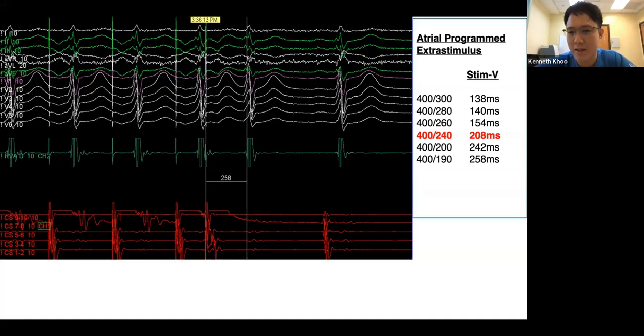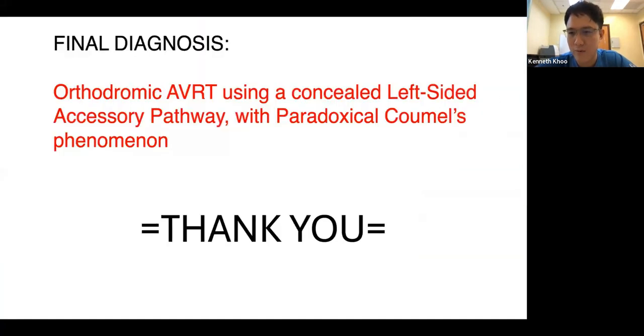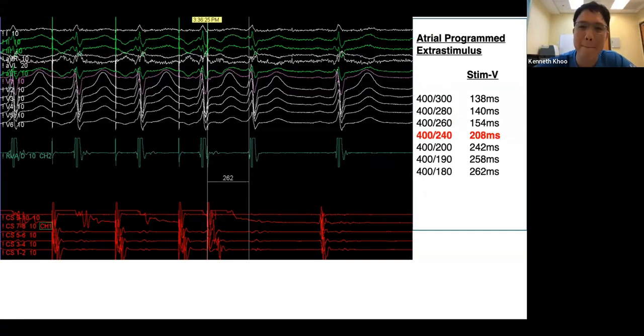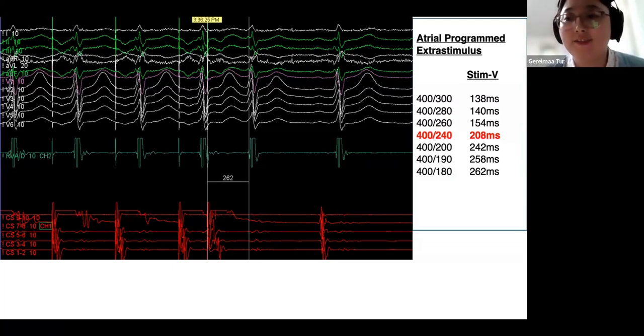We suspect that this is evidence of the presence of a slow pathway. We did not proceed to ablate the slow pathway because despite aggressive pacing and with isoprenaline, no tachycardia could be induced from here. Thank you.